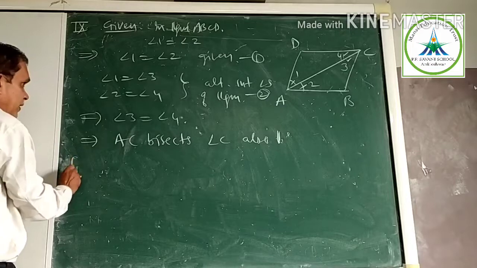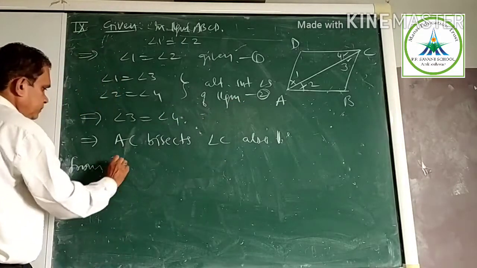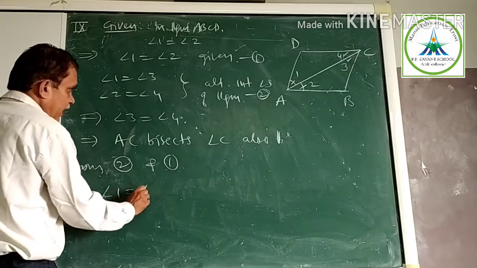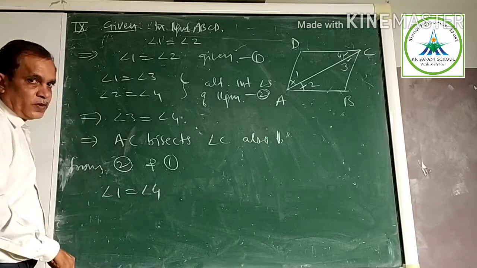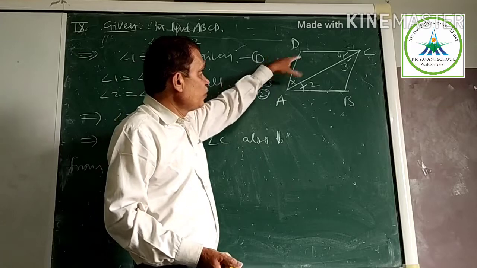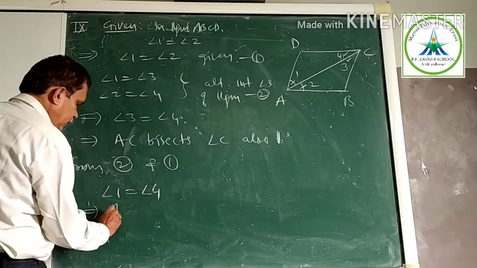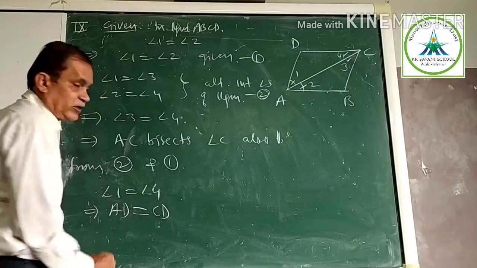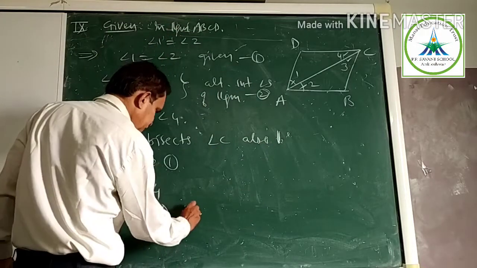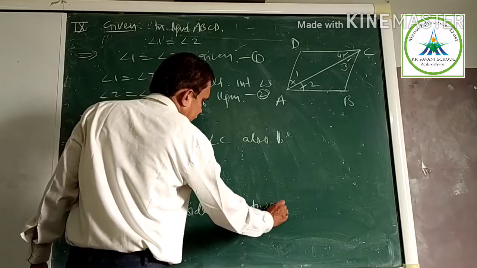Now from 2 and 1, angle 1 equal to angle 4. If 1 equal to 4, so side AD equal to side DC. This implies AD equal to DC. What is the support? Sides opposite to equal angles.